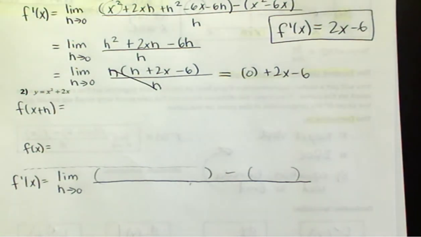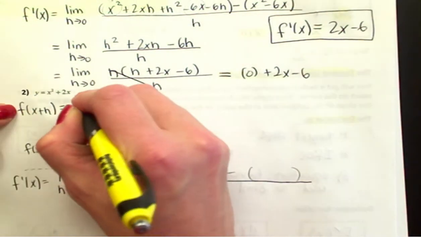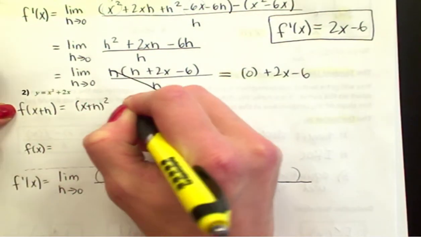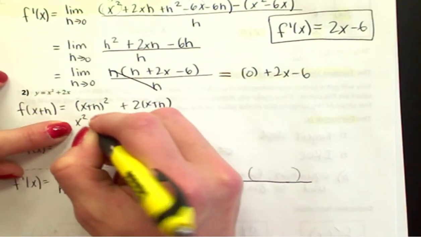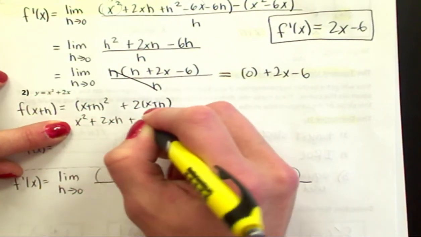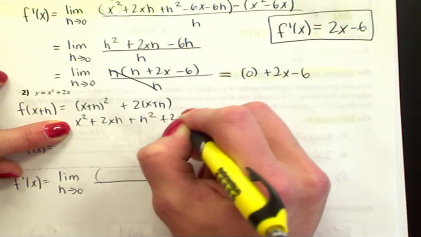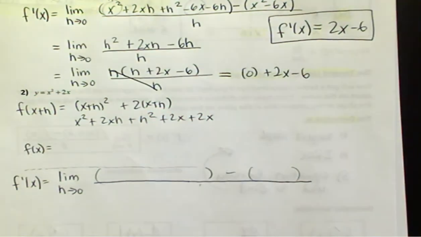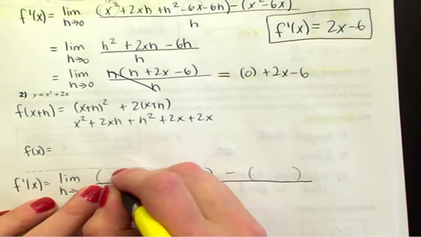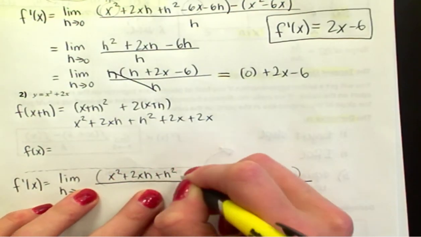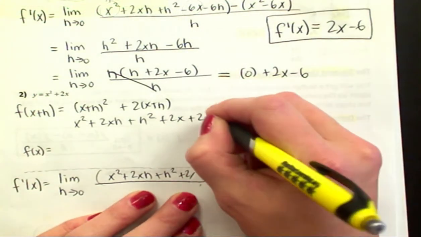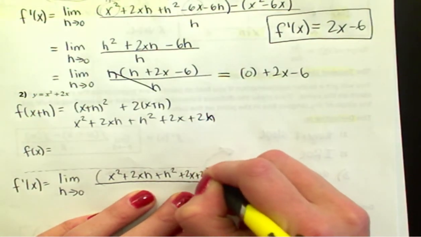All right, you should have 2x plus 2. All right, so let's see what we have. Okay, so x plus h squared. X squared plus 2xh plus h squared plus 2x plus 2h. Nothing simplifies. This goes here. Oh, 2x plus 2h.